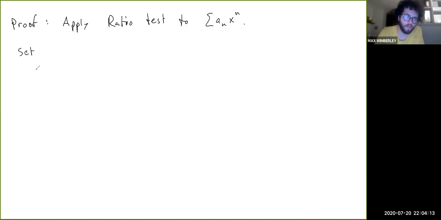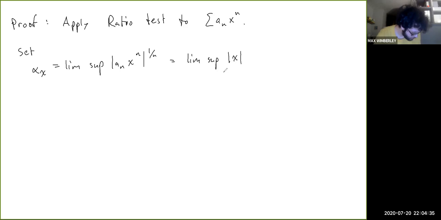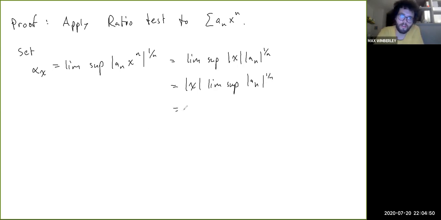We set alpha of x equals the lim sup of |a_n x^n| raised to the 1 over n power, which is the lim sup of absolute value of x times |a_n|^(1/n), which is absolute value of x times the lim sup of |a_n|^(1/n), which is beta times the absolute value of x, okay?